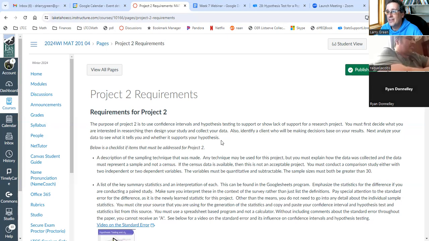So if you're going to do pricing data from stores, for example, I have had students look at online shopping versus face-to-face shopping. And they compared, is it cheaper to buy online? Does that make sense?